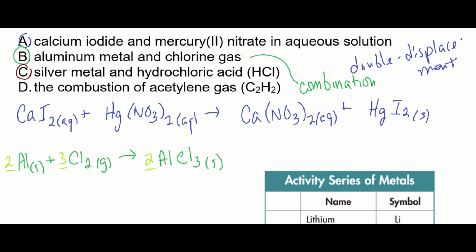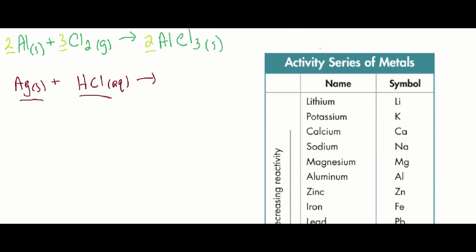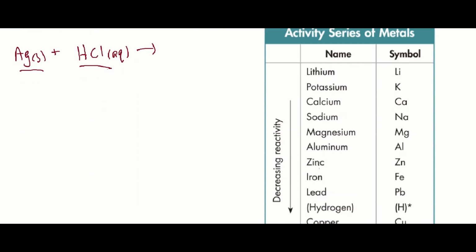All right, moving on to C. We have silver metal. Silver is Ag, and we have hydrochloric acid, which is hydrogen chloride dissolved in water. So that's (aq). This is in the format of an element and a compound before the reaction arrow. So when you have that kind of format, you need to take a look at the activity series of metals. Silver, as you might remember, is toward the bottom of the activity series.